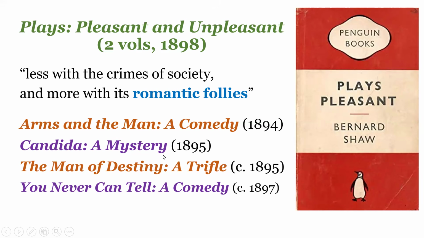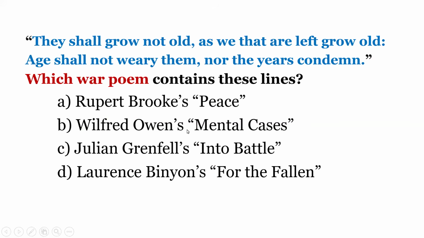Even this could be a possible question in NET exam. You might get a question asking which of the following plays is not one of the pleasant plays of Bernard Shaw. So remember, Arms and the Man, Candida, The Man of Destiny, You Never Can Tell. Okay, well, let's go to the next question.